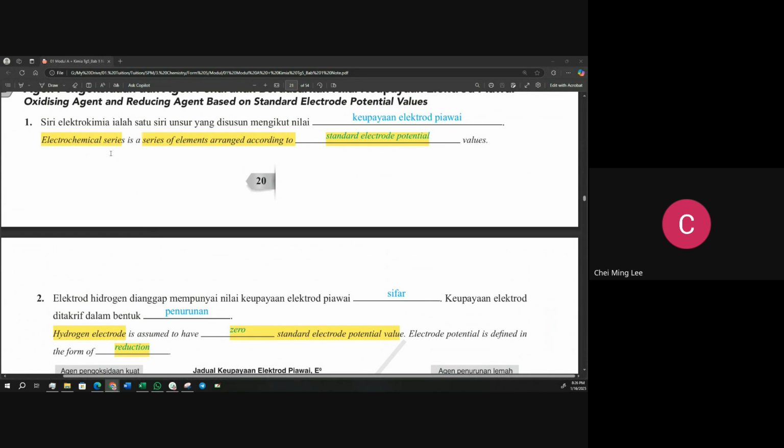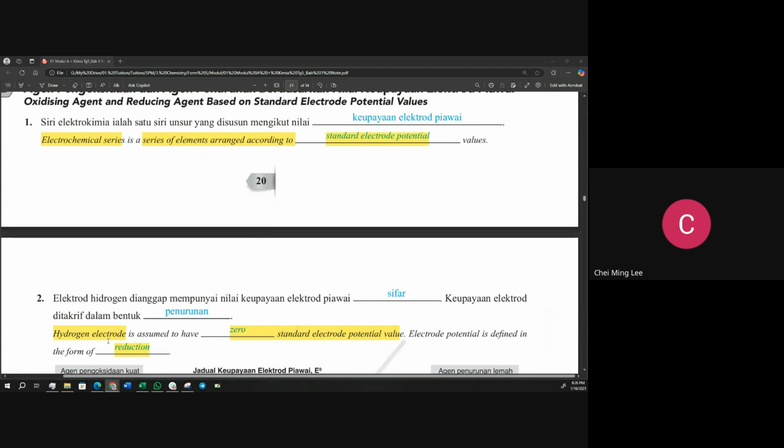An electrochemical series is a series of elements arranged according to their standard electrode potential. Last time we just learned electrode positivity and negativity, but how much positive or negative, we don't know. This one shows the real value.